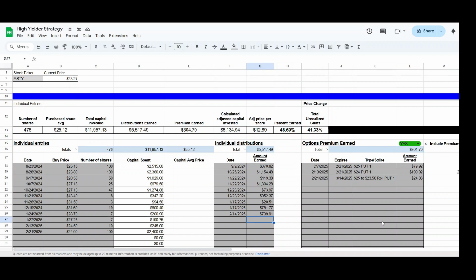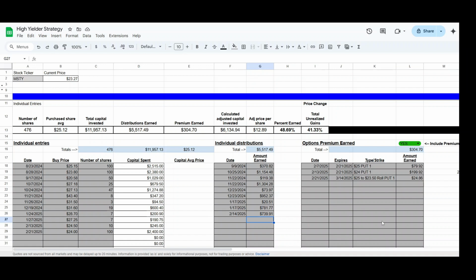So I just kind of wanted to show you where I had 2 puts that were expiring. One of them I let get assigned because I liked it at the $24. And the $25 put, I actually used a technique called rolling the put. So I actually rolled that put down in price so that I am on the hook for less money, right?